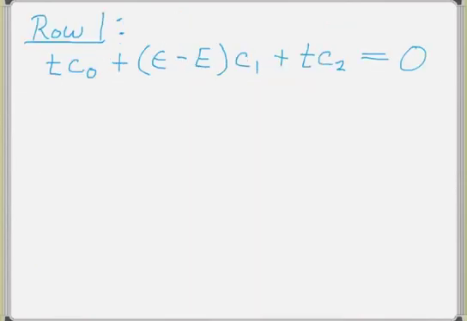So this is what every row looks like, as long as there's no potential variation. In the leads, we assume the leads are just ideal regions of the crystal where there's no potential variation.